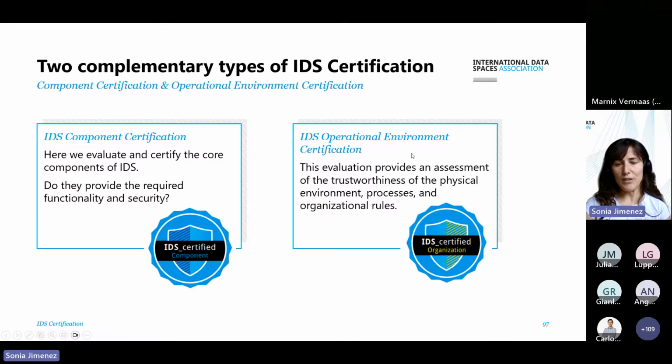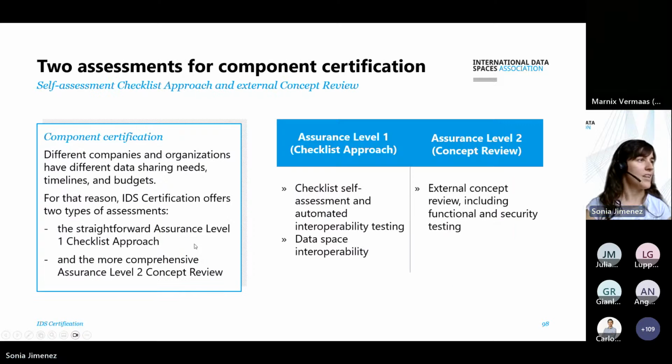Where that component is installed, we check the physical environment, but also the processes and organizational rules. This is based on standards like the ISO 27001. So both things, for participants and the components in the data space, are mandatory in an IDS-based data space.